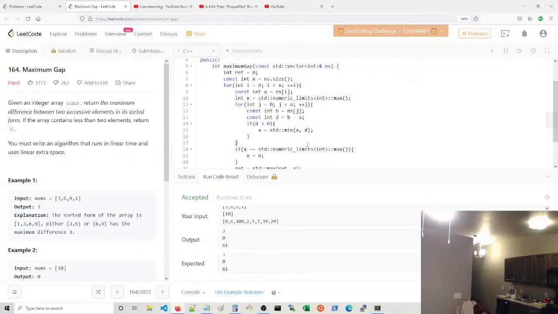We're trying to not consider differences that are too big, but also consider differences that are the largest of the differences that are small. It's the largest of the smallest differences. That's what we're looking for.